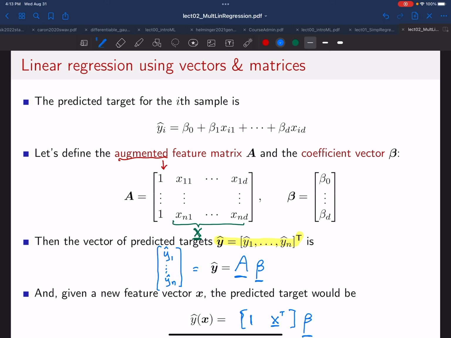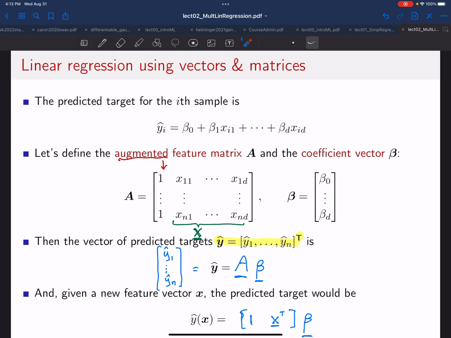So we're going to call that boldface y hat. We want to write those directly in terms of our vector beta of prediction coefficients. So we can stack all of our betas together in this vector boldface beta here. And then we need to find some sort of matrix such that y hat is A times beta.